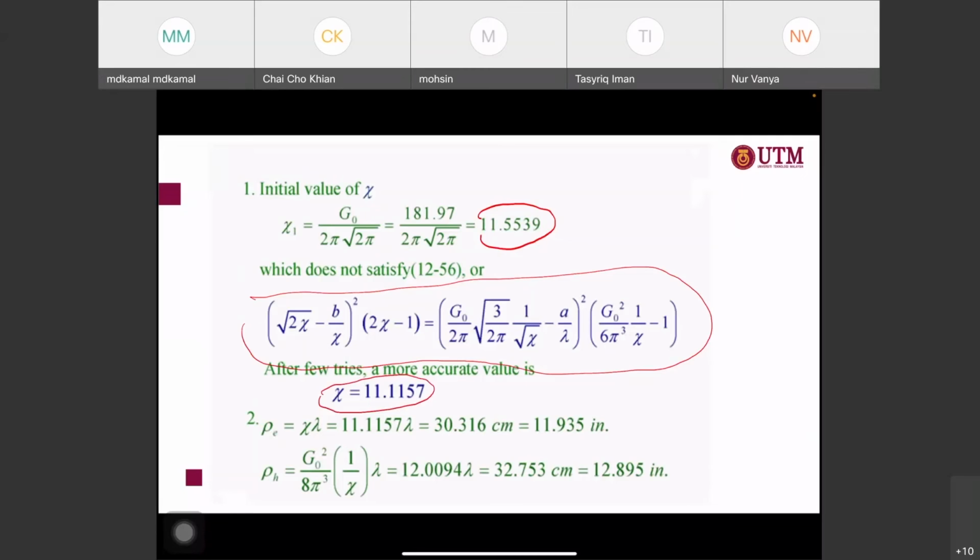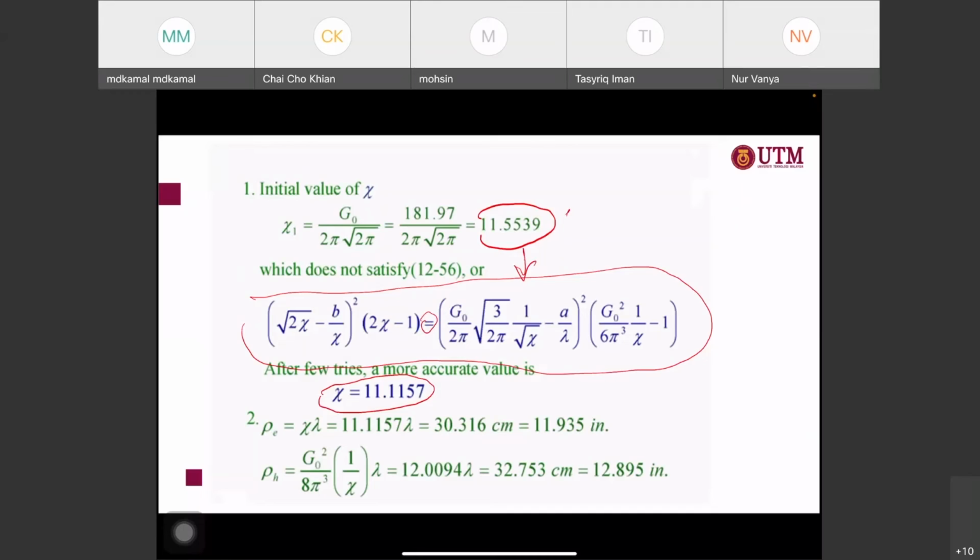After some iterations, you find out that the chi value is roughly about 11.1157. Because if you put into this equation here, the values are not all the same. So after a few tries, you find a more accurate value, and your chi here is equal to 11.1157.